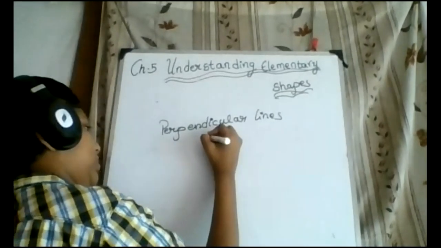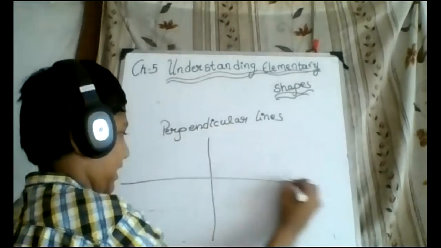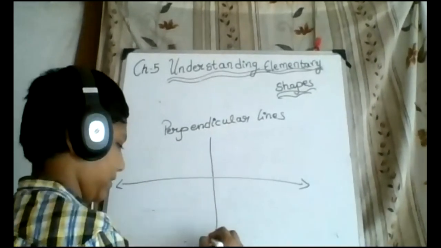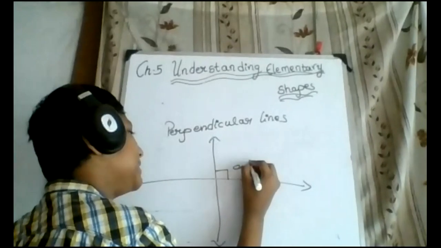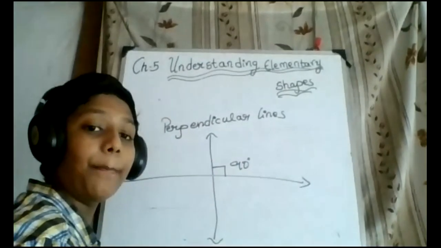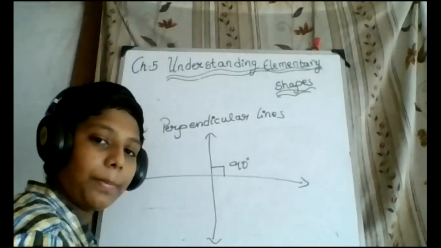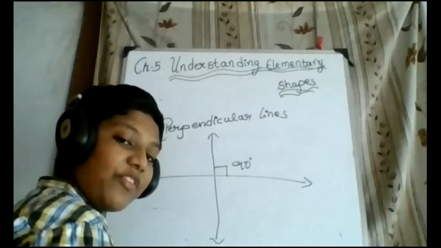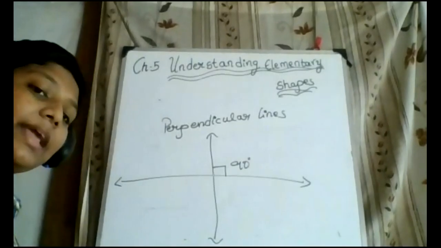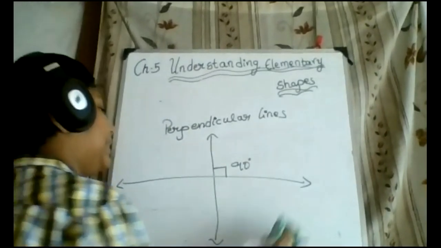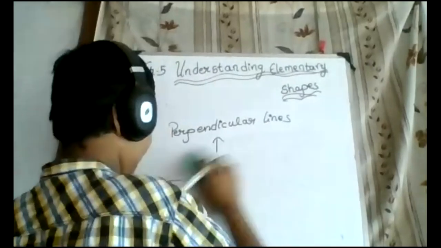Now we have two intersecting lines. The angle between them is 90 degrees. Then the lines are called perpendicular lines. What is the definition of perpendicular lines? If the angle between the intersecting lines is 90 degrees, it is known as perpendicular lines.